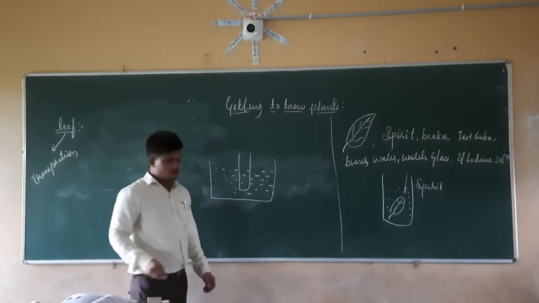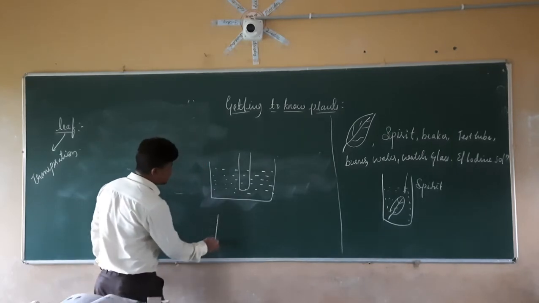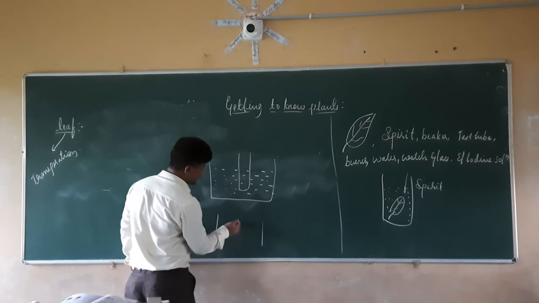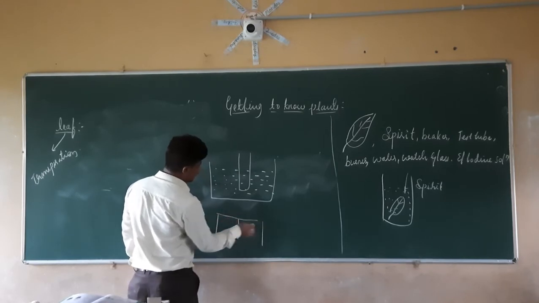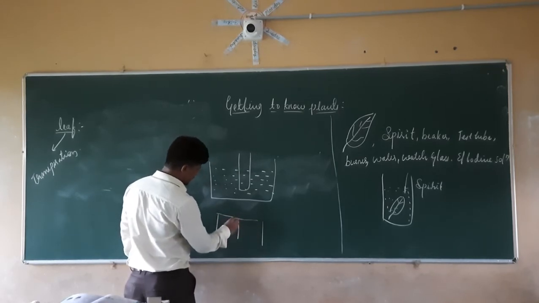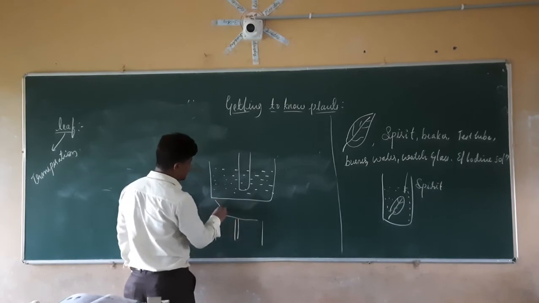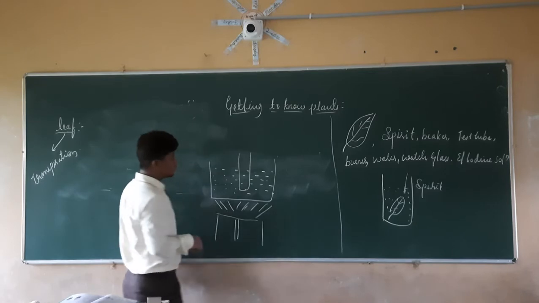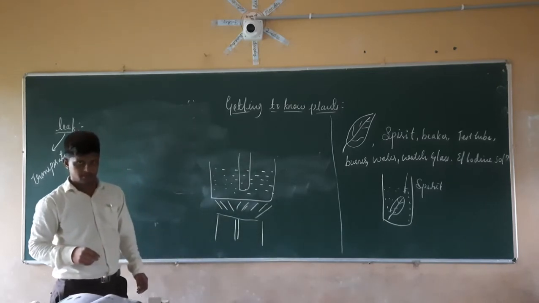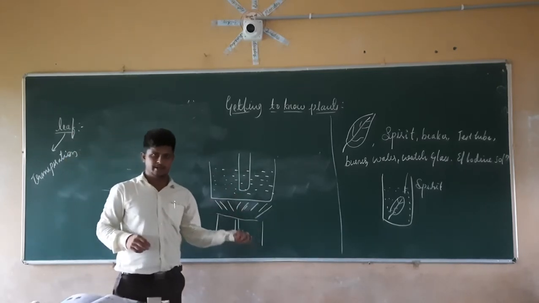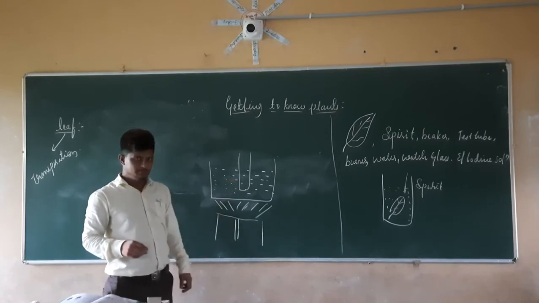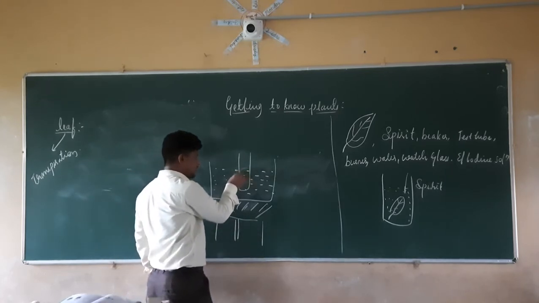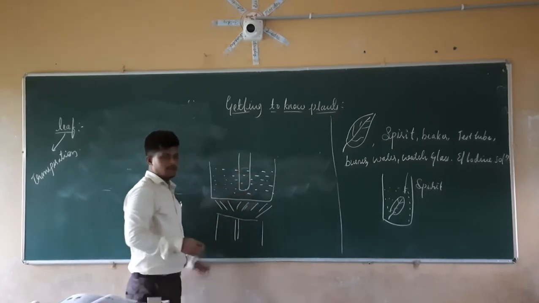Right. So what we are going to do here, we are going to take a burner. This is the stand. On that stand we are going to use the burner. That burner is going to heat this water. When the water starts to heat, what will happen? The spirit is also going to start heating along with the water.